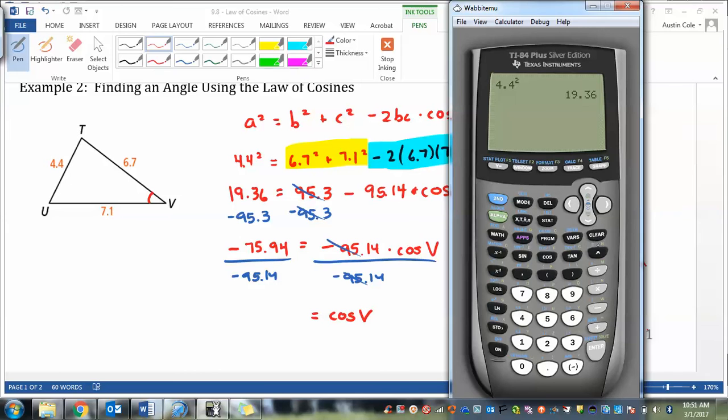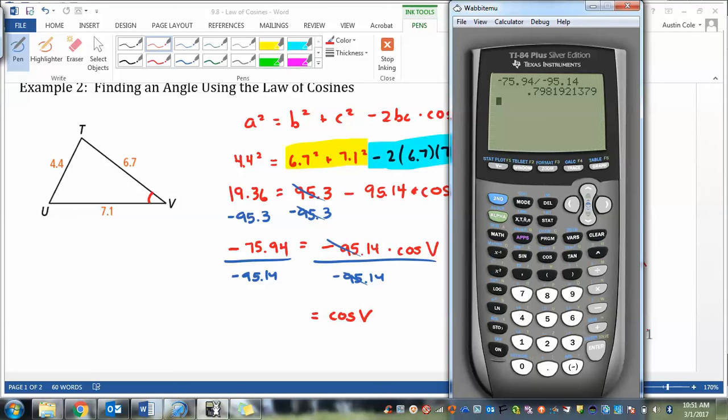Okay, so in my calculator, you guys might already have some of these numbers in there, but I'm going to do negative 70. And we get that.